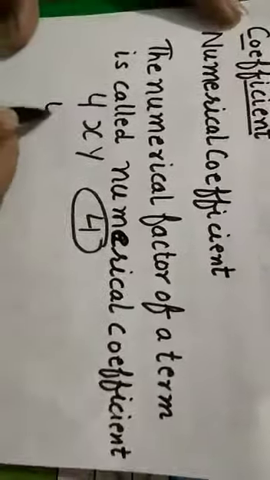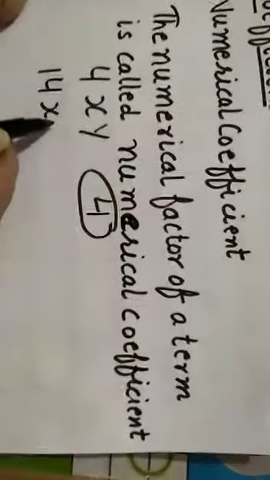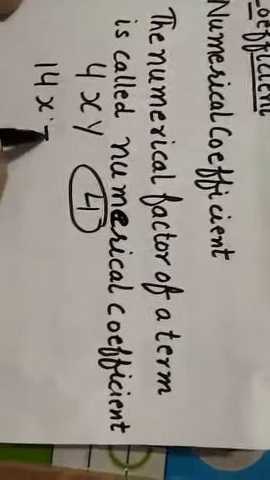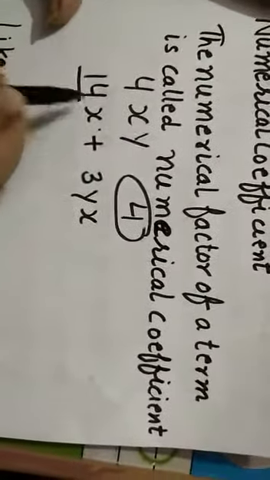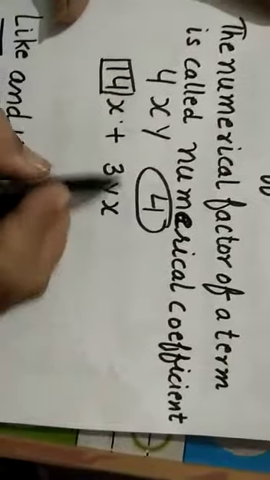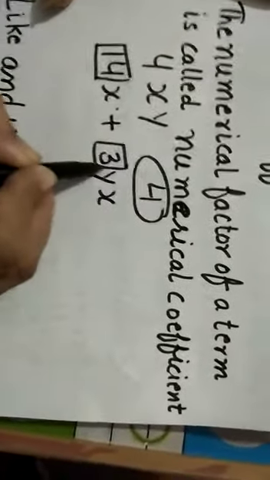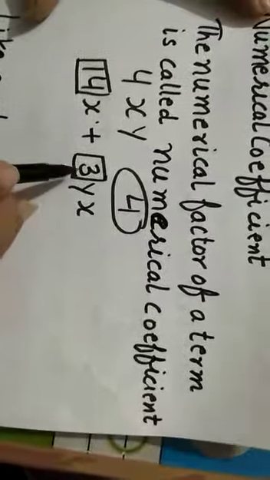Suppose it is given to you to find the numeric coefficient of x. So here in the first term numeric coefficient will be 14 and in the second term numeric coefficient will be 3. Whether it is having y, z also, yx, but numeric coefficient will be 3.